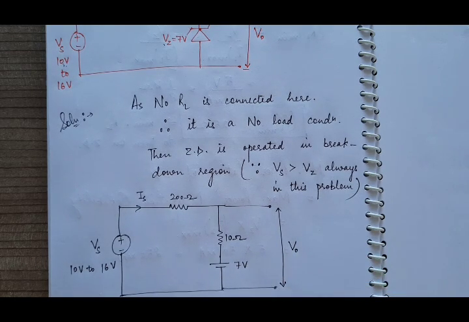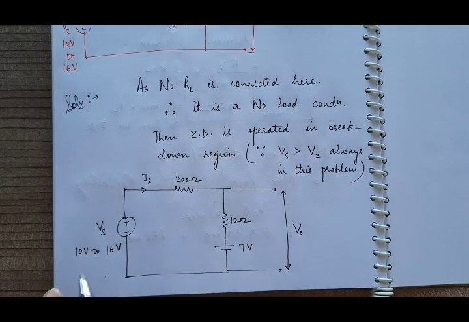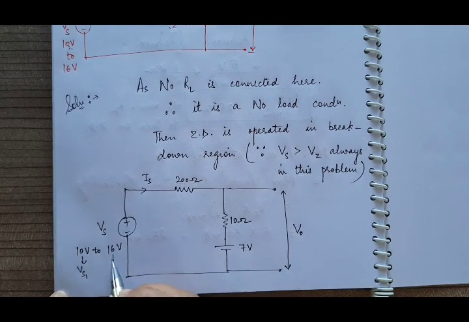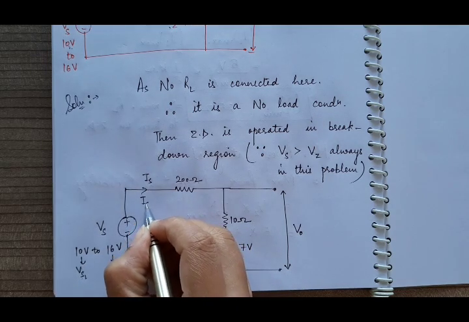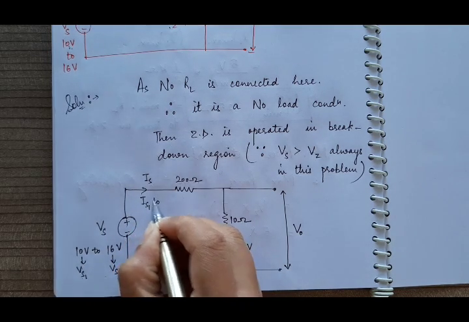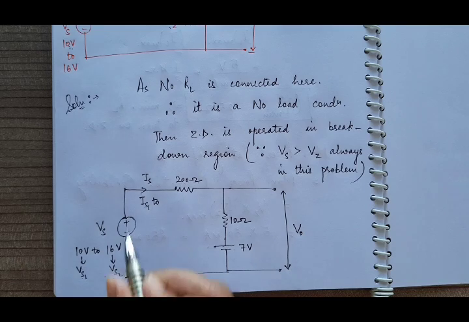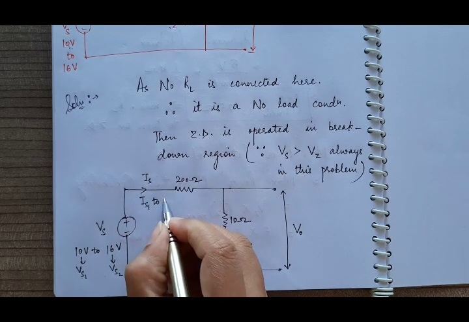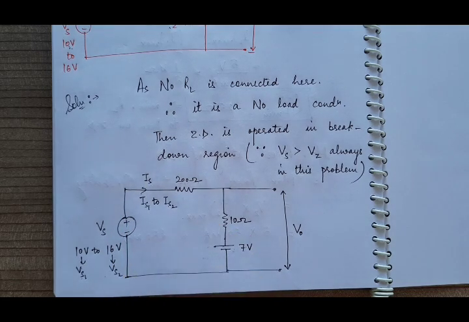The range of V0. So suppose that this value is Vs1 and this value is Vs2. Corresponding to Vs1, current here will be Is1, and corresponding to Vs2, this current Is will be equal to Is2.